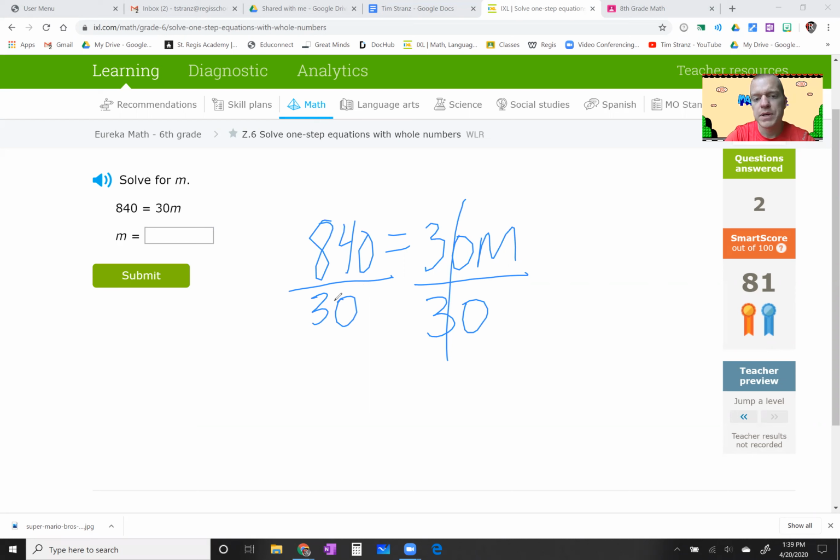Well, let's think, how many times does 3 go into 84? It goes into 84, let's see, 26 times, right? I think. I haven't had my morning coffee yet. Nope, not right.